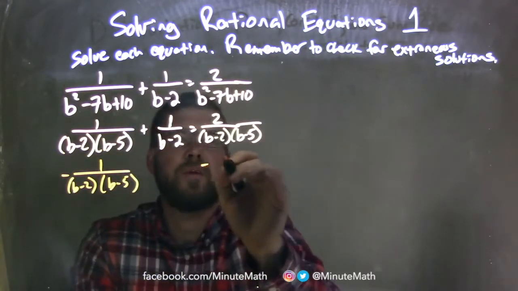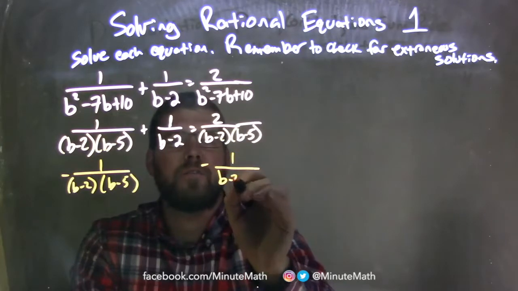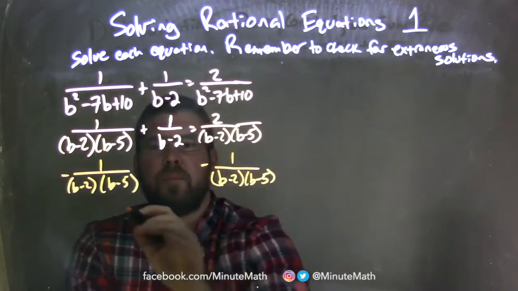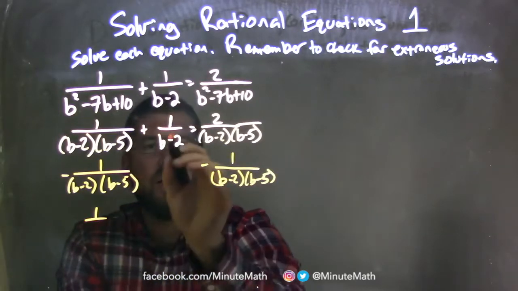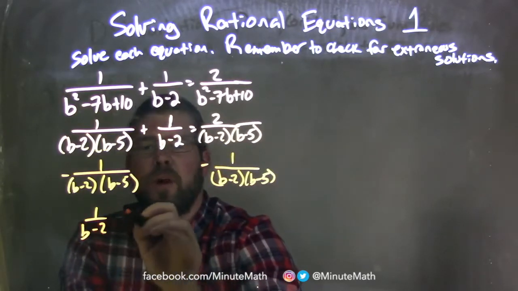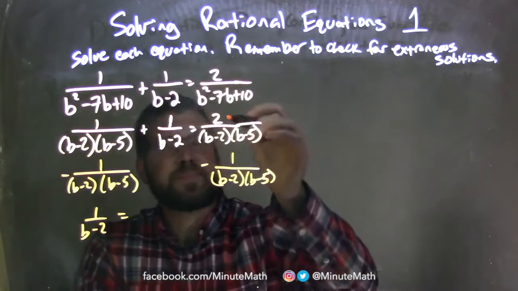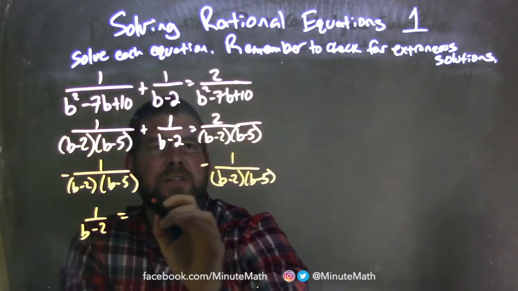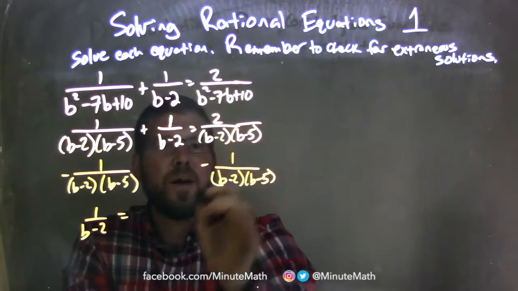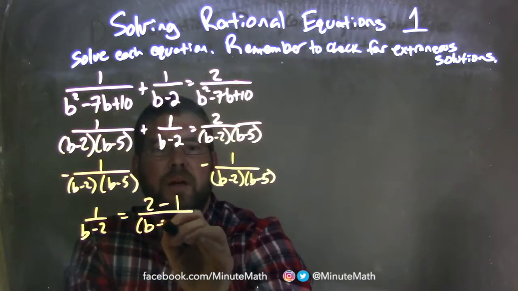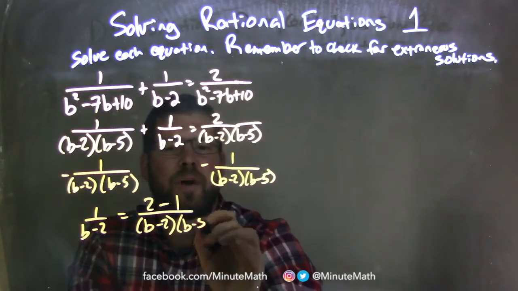Now, since these are the same base, I can rewrite on the left-hand side just 1 over b minus 2. And then over here, I'm going to rewrite to show what's going on: it's 2 minus the 1, the numerators, and the denominators stay the same, b minus 2 times b minus 5.